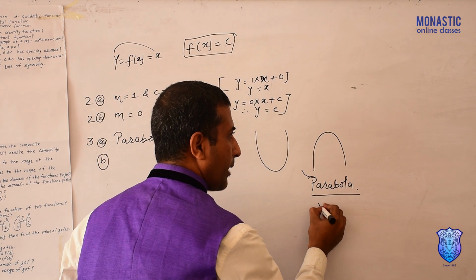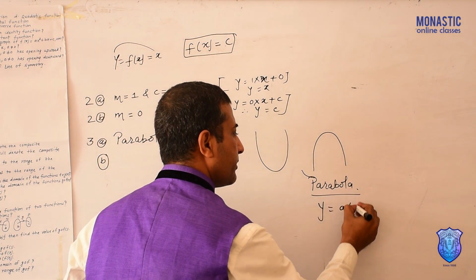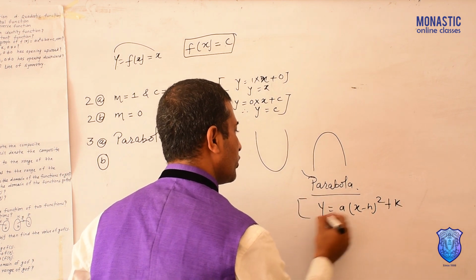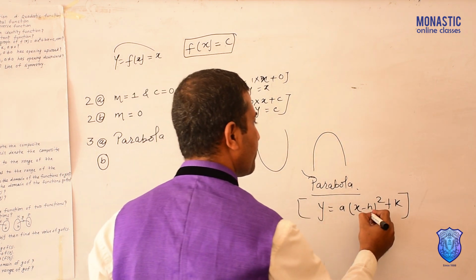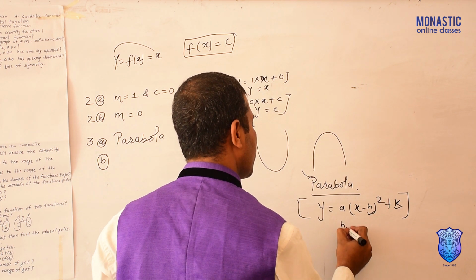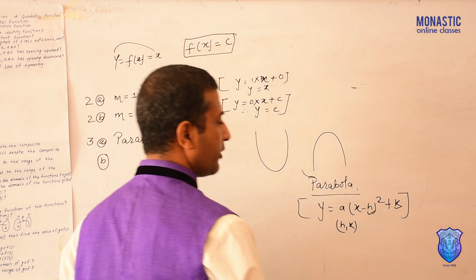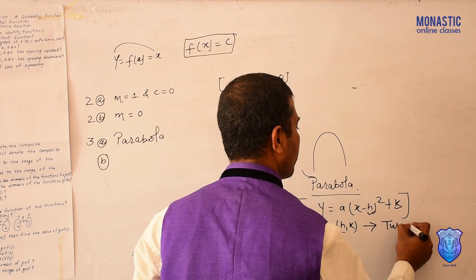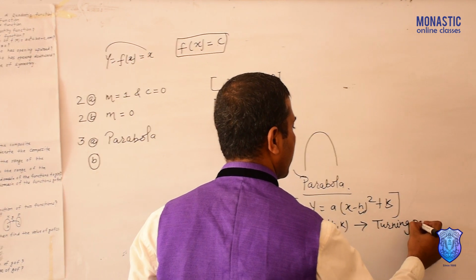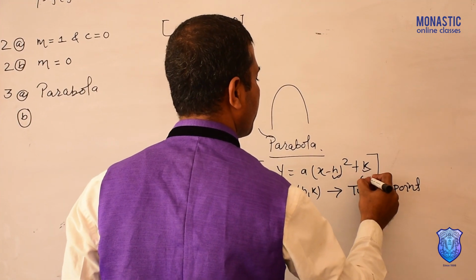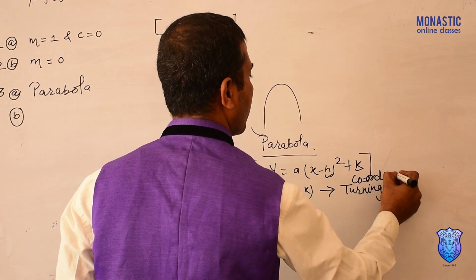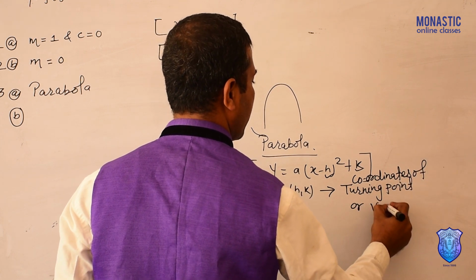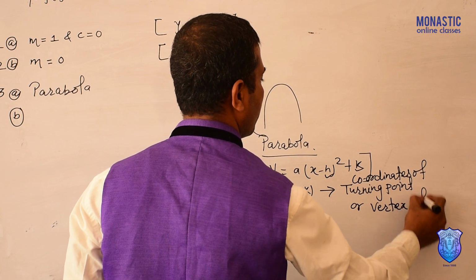One thing again you have to remember: when a quadratic equation is given in this form, h and k represent the coordinates of the turning point, or the vertex of the parabola.